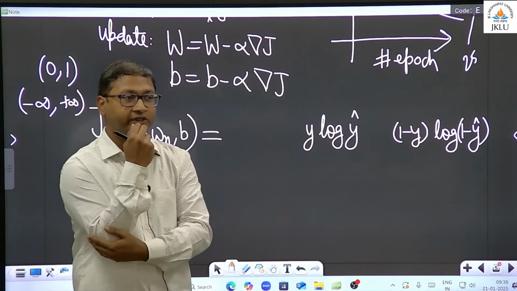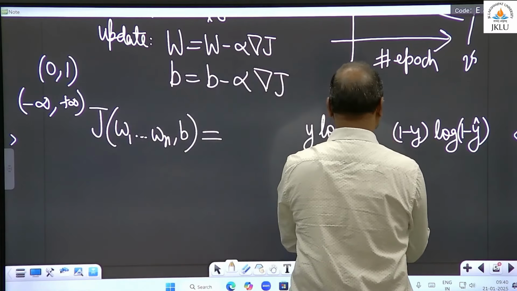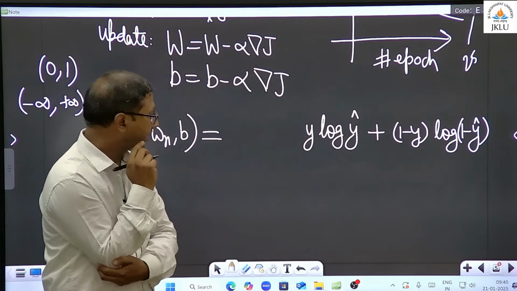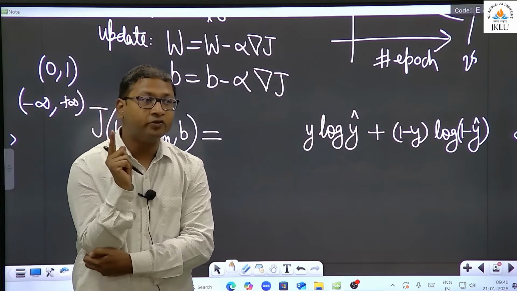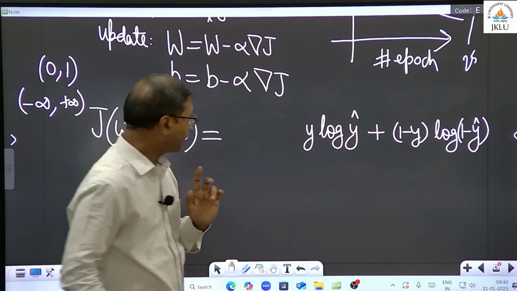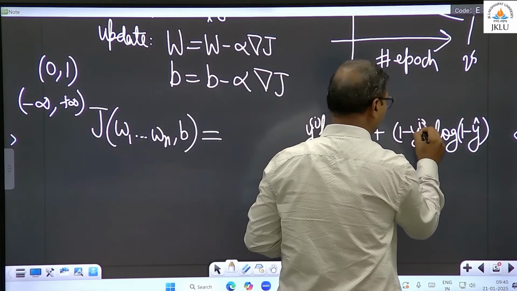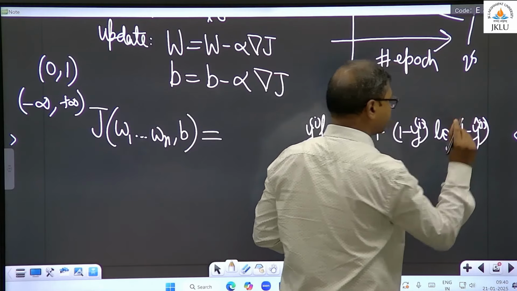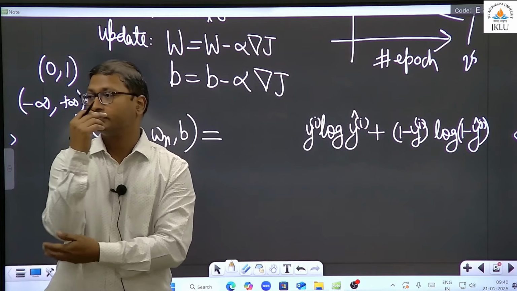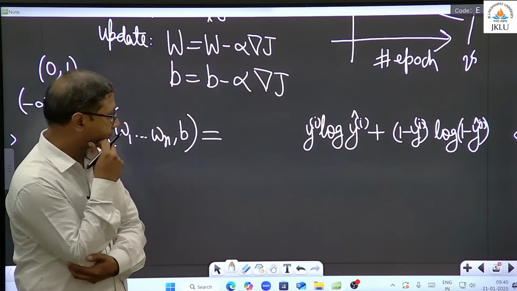Alright, what do I do next with this? Plus or minus? Right? So we have this one, but this I am computing for the ith example. So this is for one example, okay?